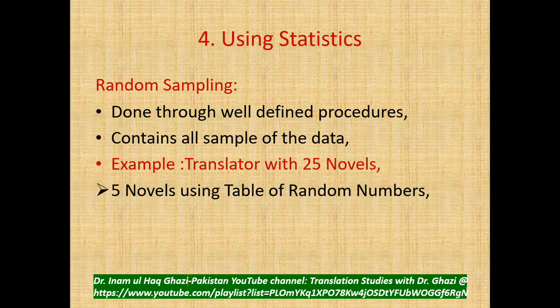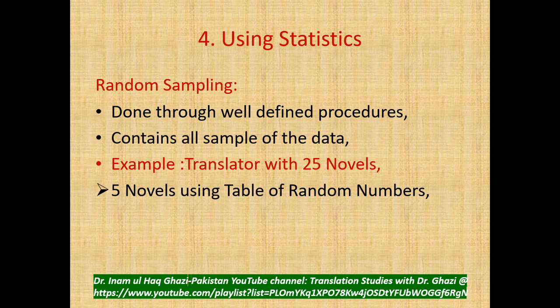Random sampling. The word random literally means haphazard sampling, but in the statistics sense, random means that it is done through a well-defined procedure. It is not done blindly or in a haphazard way. It contains all samples of the data, and we can take a quick example here.